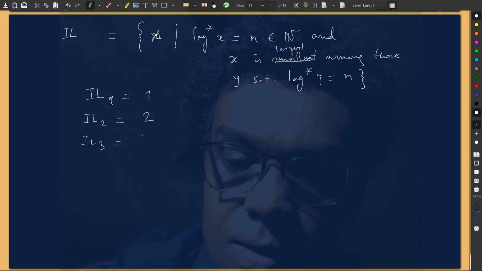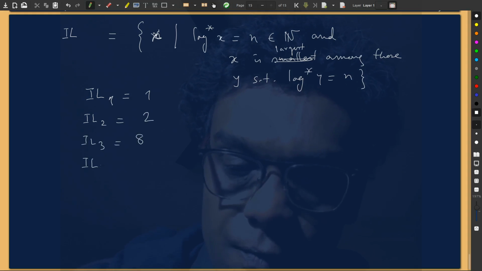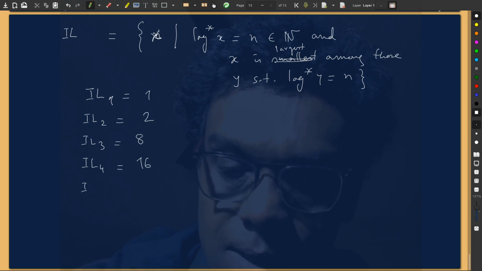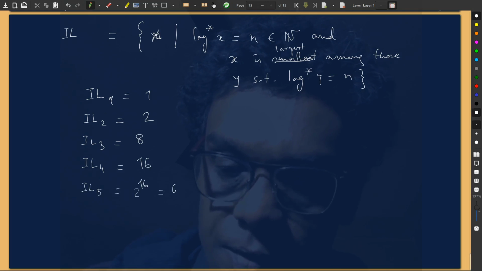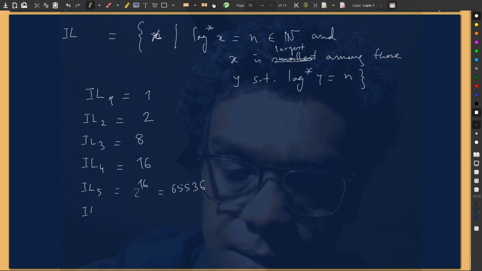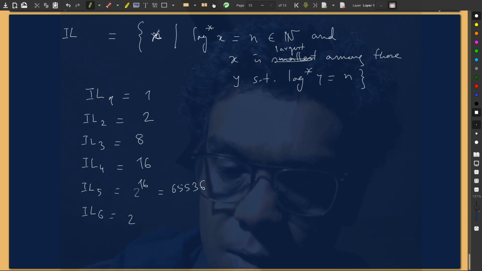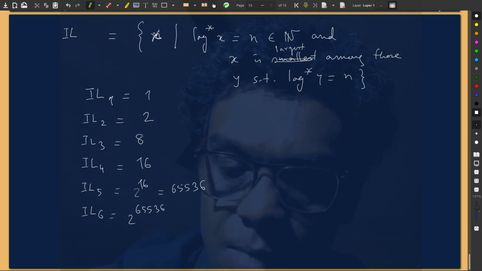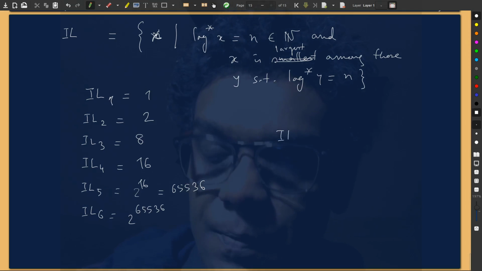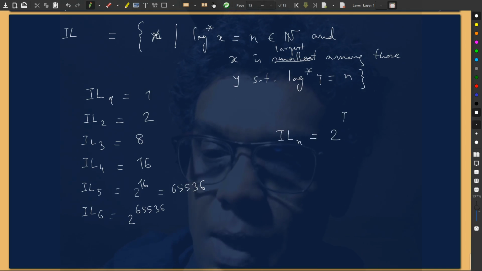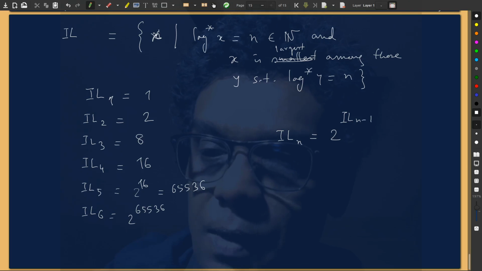IL3 is 8. IL4 is 16. IL5 is 2 power 16, which is 65536. IL6 is 2 power 65536, and it's a huge number. In general, IL n is equal to 2 to the power IL n minus 1.